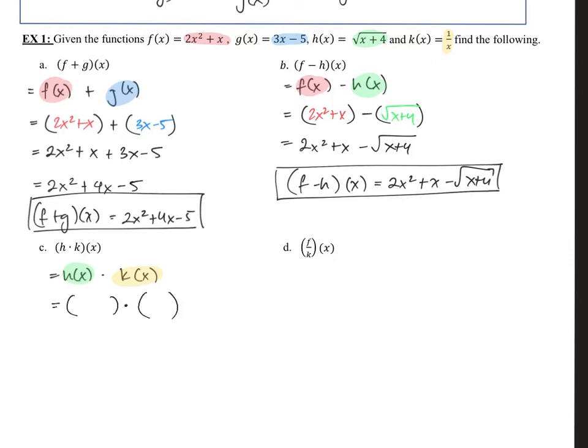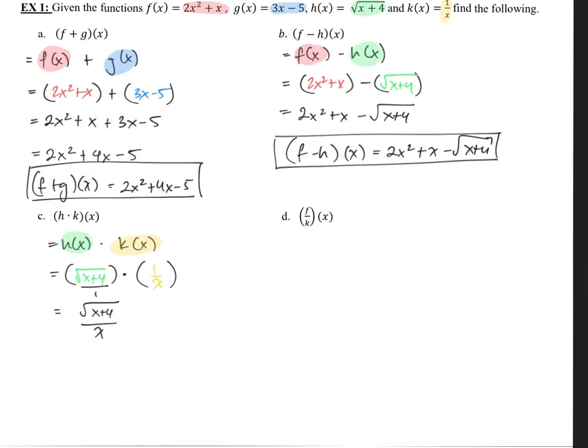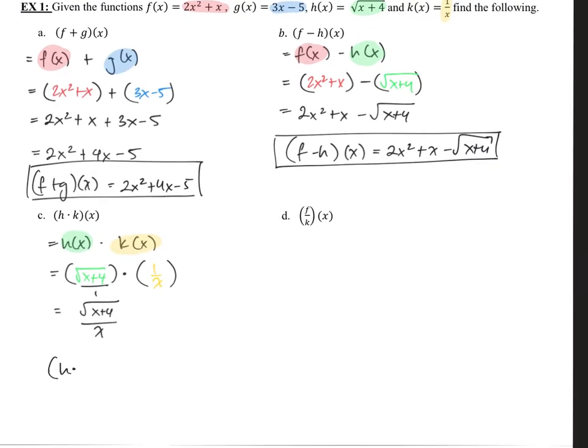H of x was the radical, square root of x plus 4, and k of x was the fraction, 1 over x. This is going to equal, let's see, well, I could put this over 1, which means I have the square root of x plus 4 over x. And that's all I can do to simplify. So to end this, I'll rewrite it and box my answer.